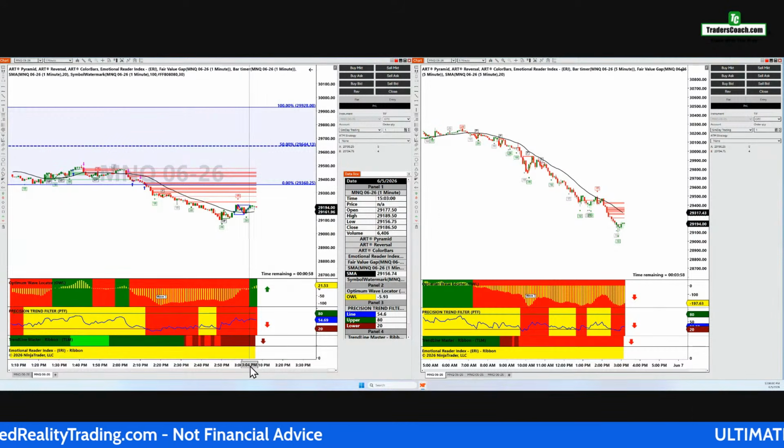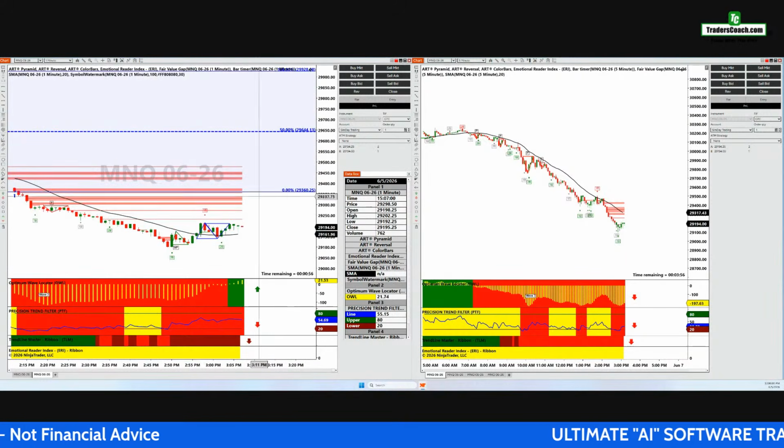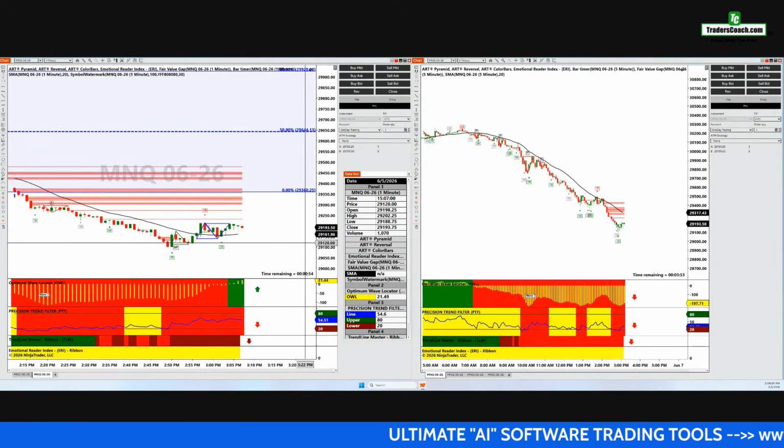Okay, you have 2 more back-to-back pyramids forming here, indicating a range.